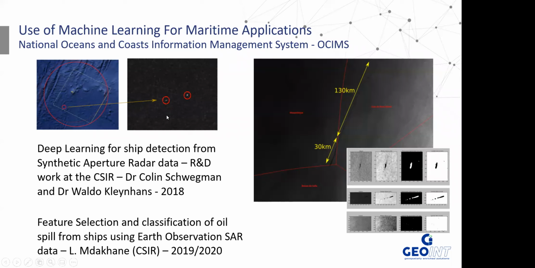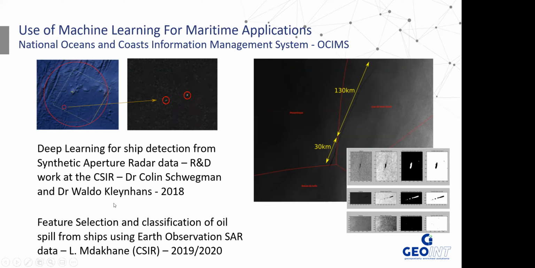So by using synthetic aperture radar from an Earth observation point of view, combining that with AIS, which is ship transponders, we were able to look at dark target detections and identify where these vessels were, and hence alert the authorities to go in and run a much more specific investigation.